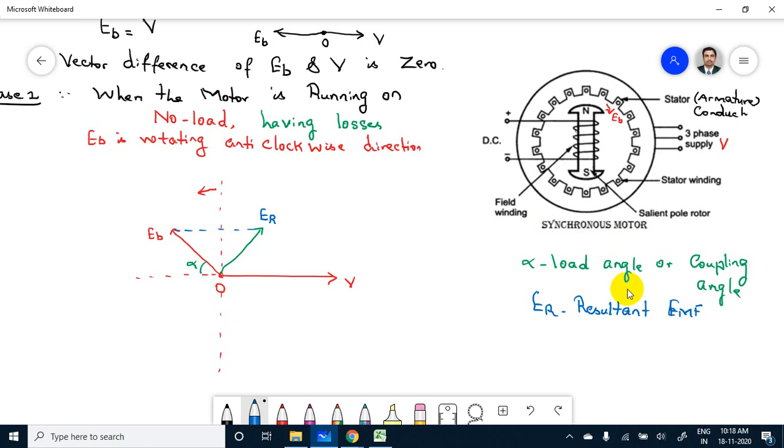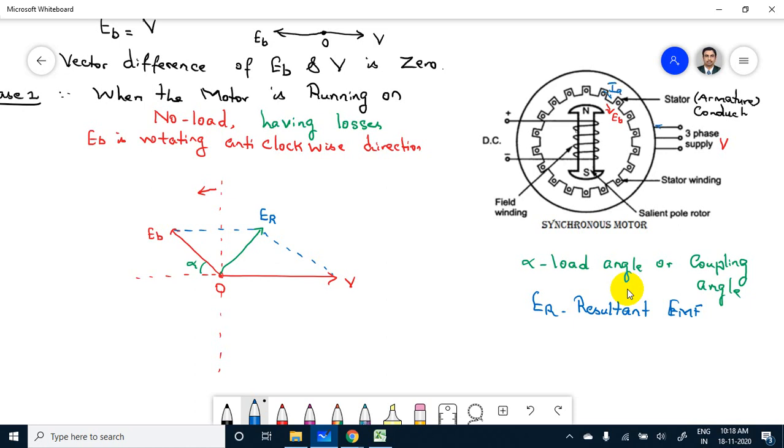Then you join this ER and V. Now during this time we are having the losses in armature current IA.